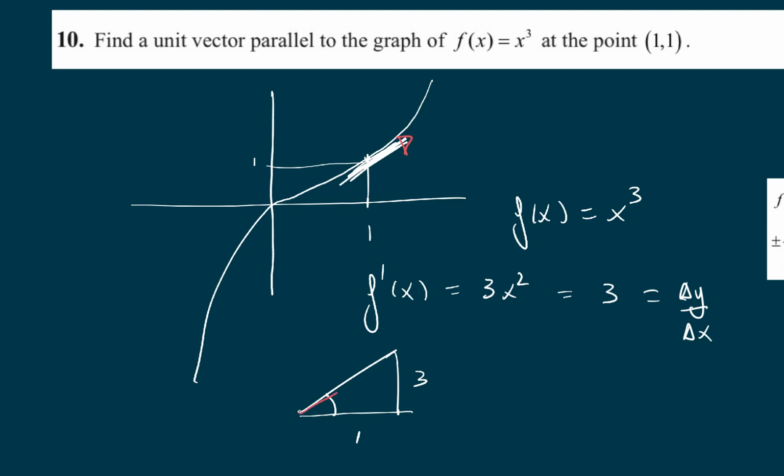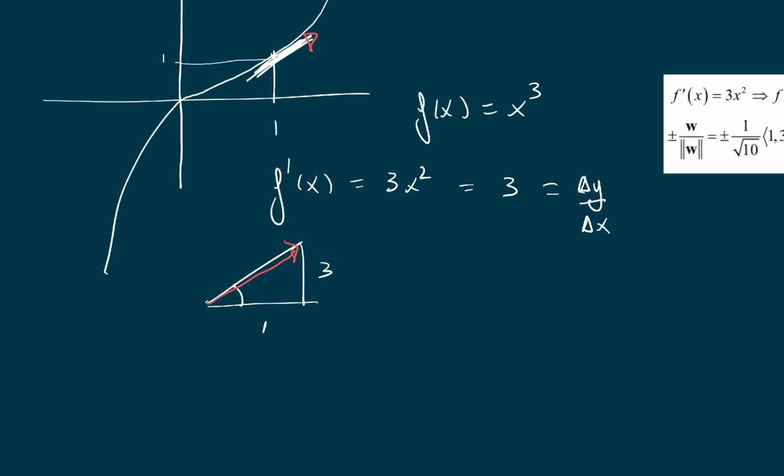But this vector is not a unit vector. Let's call it A. The vector A is 1i plus 3j. How will we find a vector that is unitary in the direction of A?